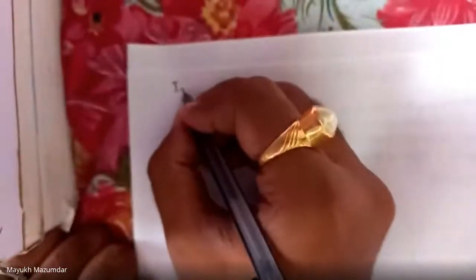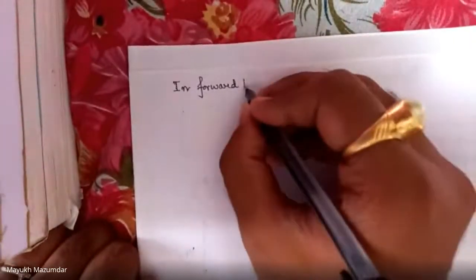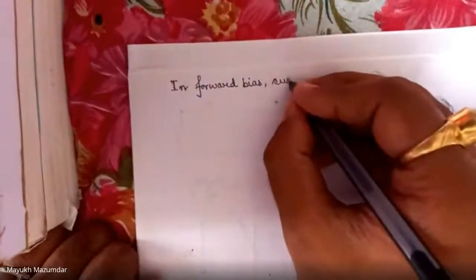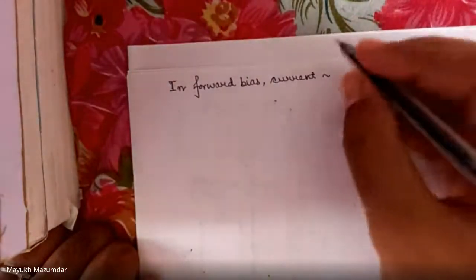So now, in a nutshell, what is happening? In forward bias, the current is of the order of milliampere. The tilde stands for the order.